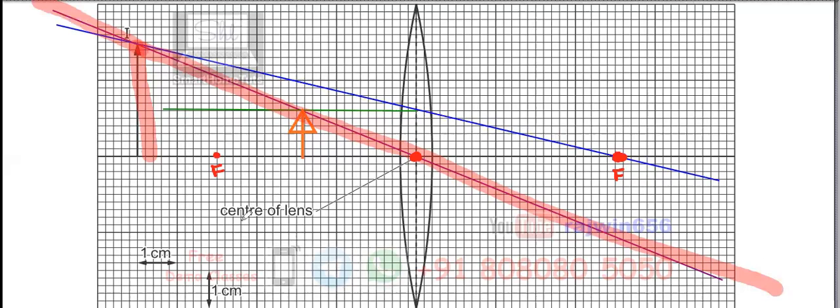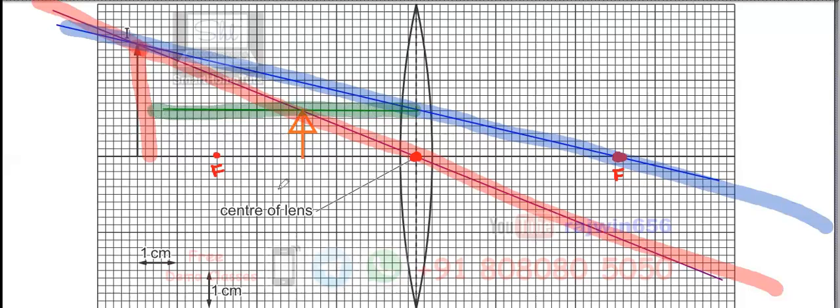The second ray that I have drawn is this blue ray. Straight away I am making it pass through the focus. The third ray then I have drawn over here is this green line, the green colored ray.